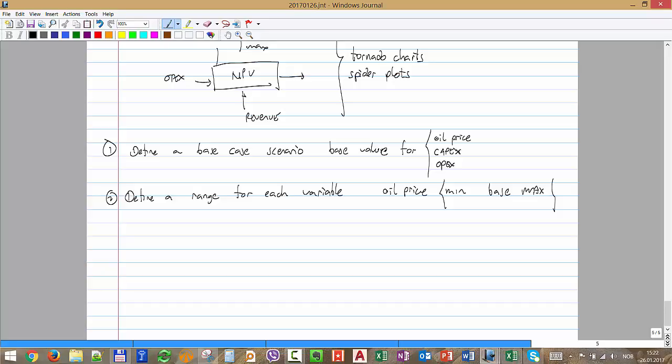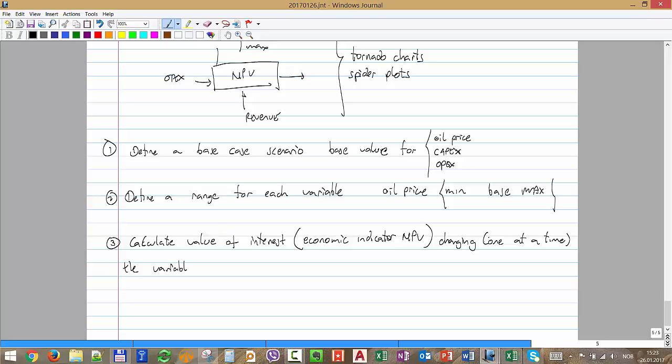And then you run computations, calculate the value of interest, in this particular case the economic indicator NPV, changing one at a time the variables.